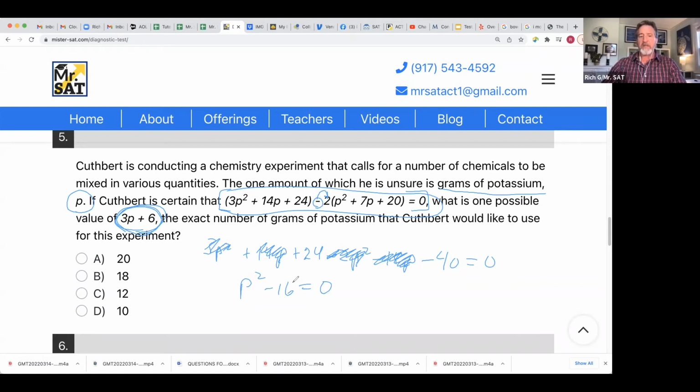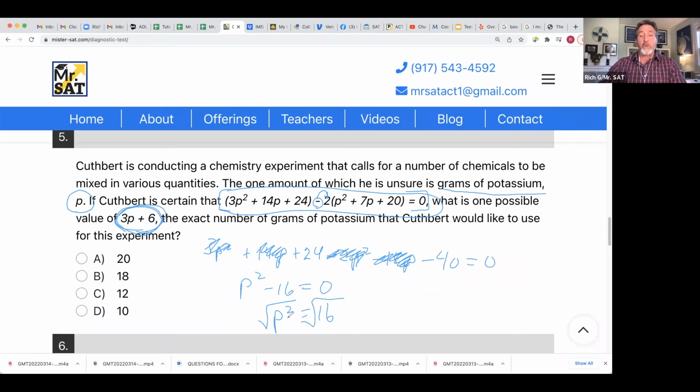All right. Well, I could factor this out. I could do a reverse FOIL on this, but there's something that looks a little simpler. Why don't we get the number on the right side and see what we get? P squared equals, if I add 16 to both sides, p squared equals 16. Well, in order to get rid of this square symbol here, I just take the square root. Now, if I do one thing to one side, I've got to do the same thing to the other.